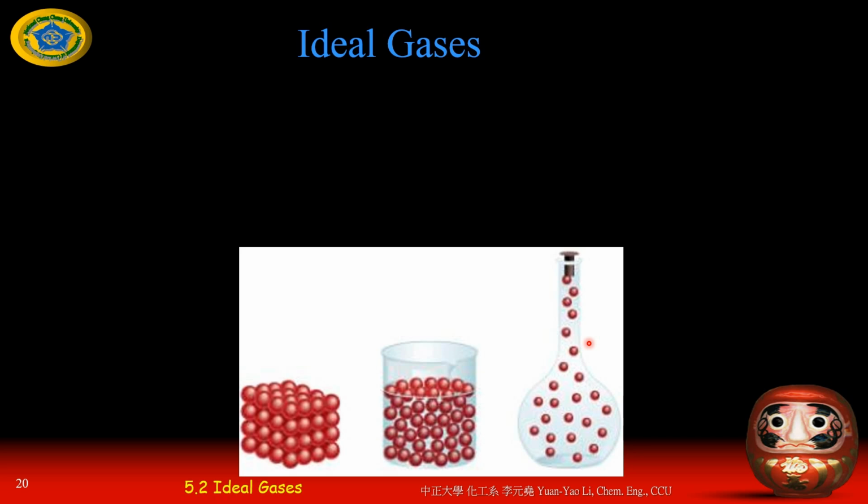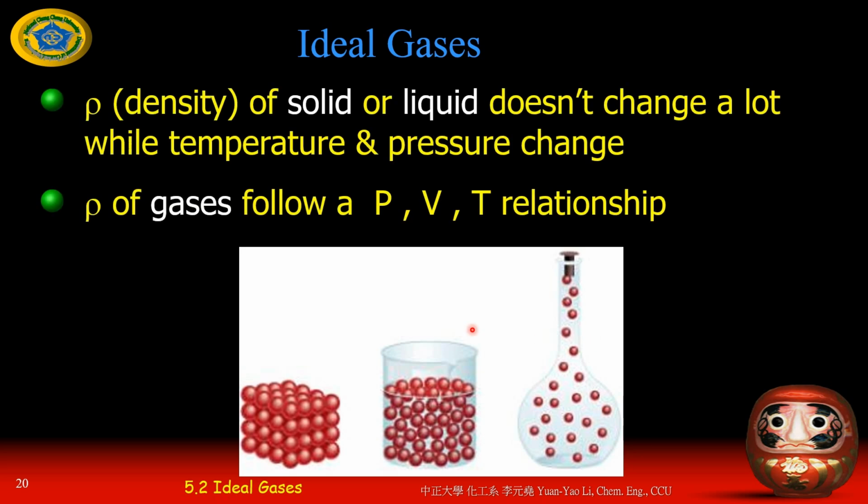So the ideal gases, what is that? The density of a solid or liquid doesn't change a lot while temperature and pressure change. That's for sure. Although as temperature increases the density decreases for solid and liquid, it doesn't change much, because the distance between all the atoms is not too far.